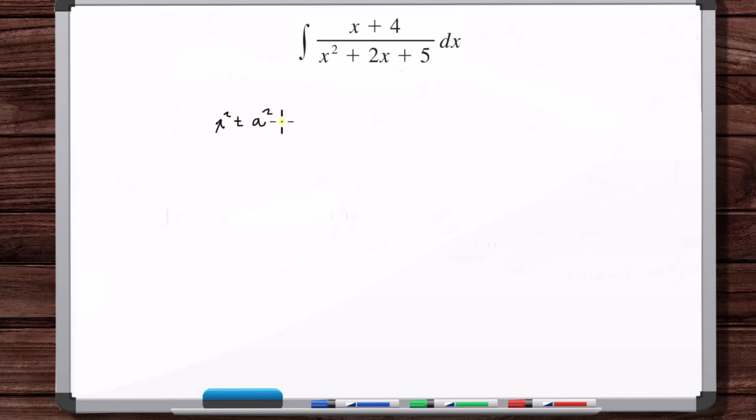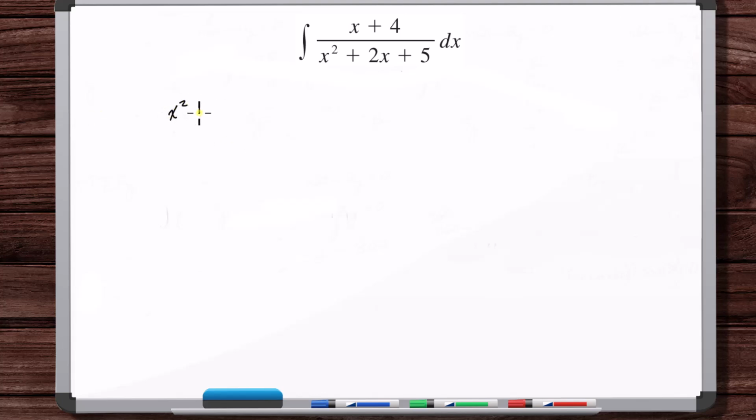All of the methods that we learned are based on this form of a quadratic. So in this situation, we're going to use completing the square to put the quadratic into a form like this.